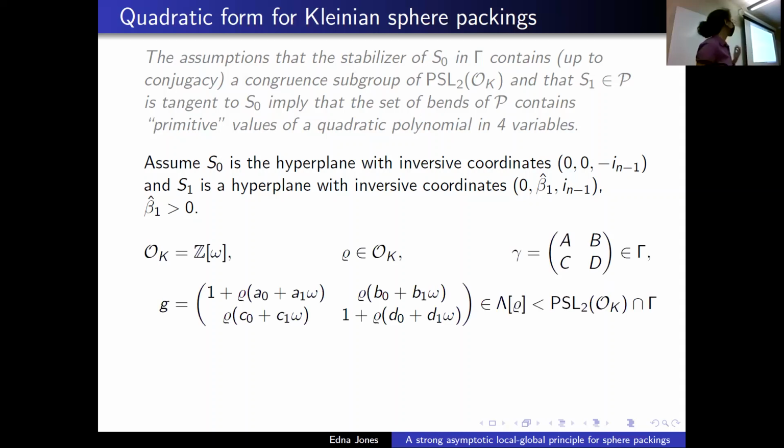Okay. I'm going to let my ring of integers be generated by omega. I'll let rho be some element in my ring of integers.